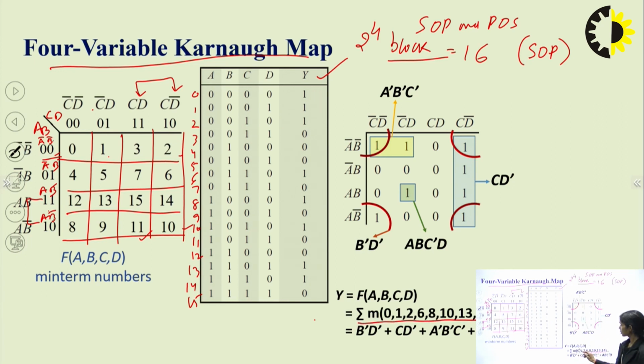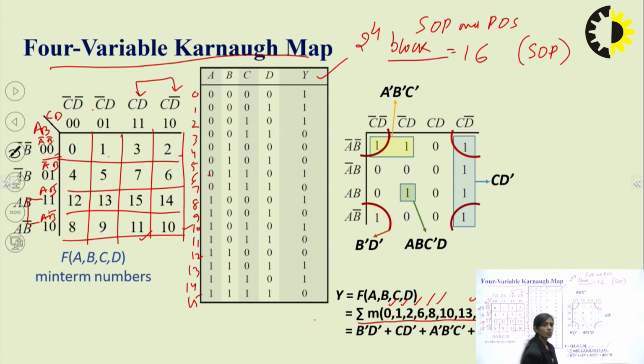So we have min terms corresponding to logic 1: 1, 2 and then it is coming for 6. So we had written here 6, then it is coming for 8, then for 10, then for 13 and 14. So we had written here all the min terms. So after this we are going to form the K map and substitute logic 1 corresponding to each min term. Now we have certain rules to solve the K map.